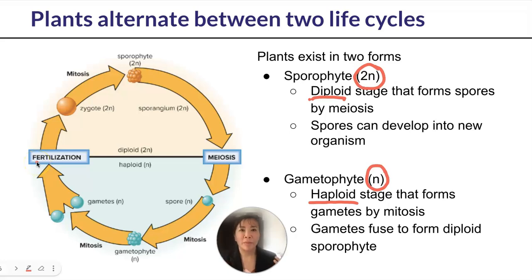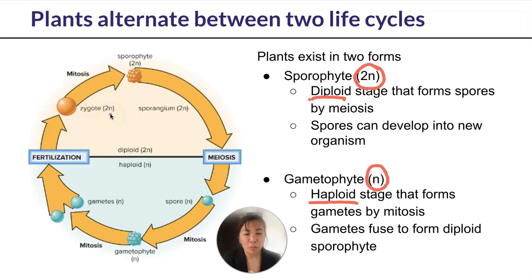If you think about us, that would be like the sperm and the egg coming together to fertilize. Plants can do something similar, where two gametes fertilize and form a new plant organism, forming a zygote.